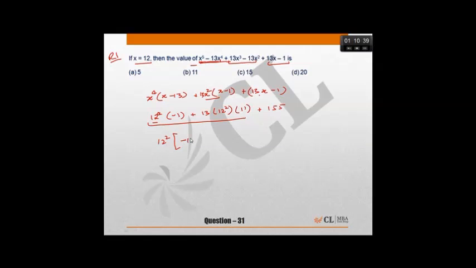Inside I'll have minus 12 squared, and I'll have 13 into 11, which is 143, plus 155. So this is minus 1 into 12 squared, plus 155. That is minus 144 plus 155, so it should be 11. So the answer is 11.